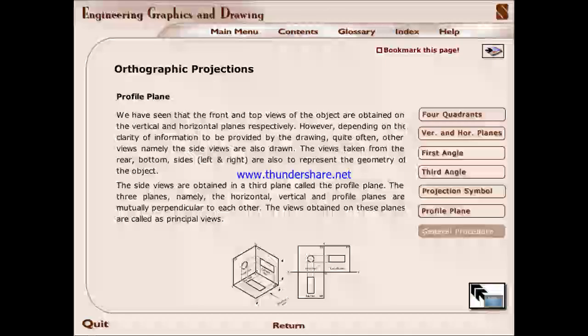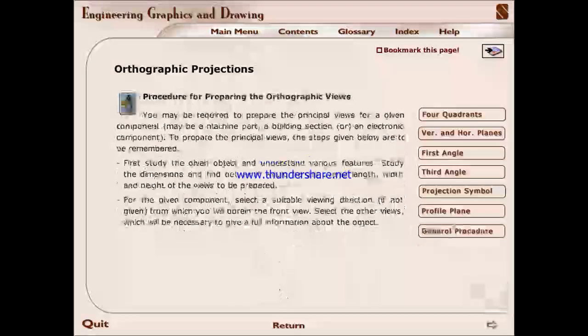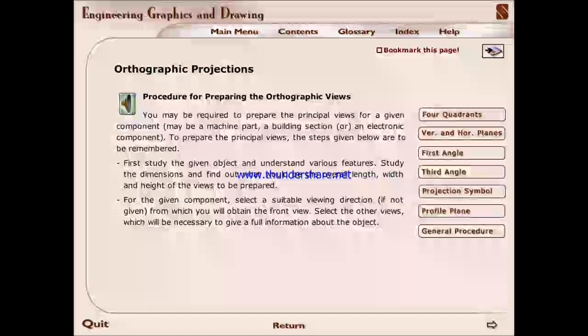Now next, consider the general procedure for preparing the orthographic views. You may be required to prepare the principal views for a given component, maybe a machine part, a building section, or an electronic component.